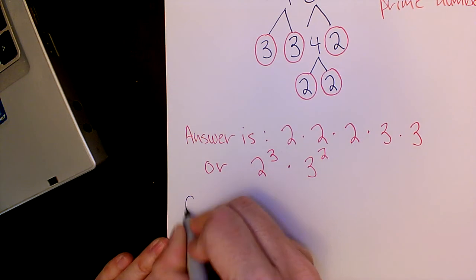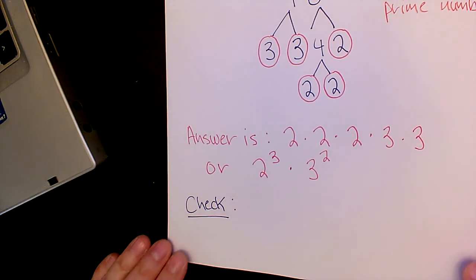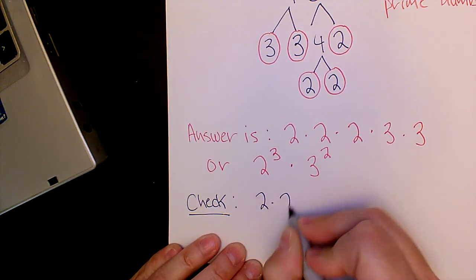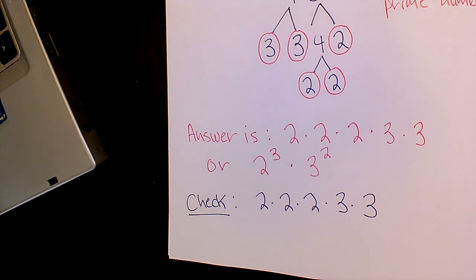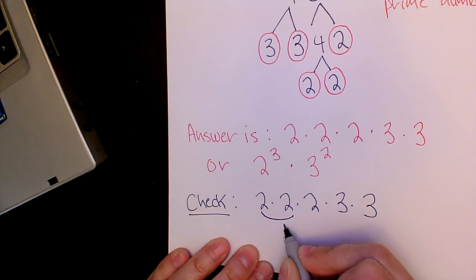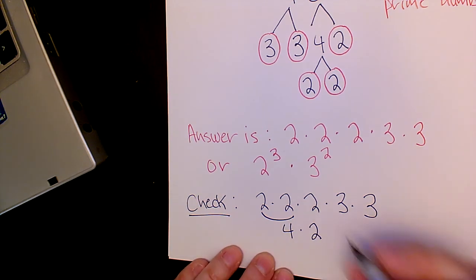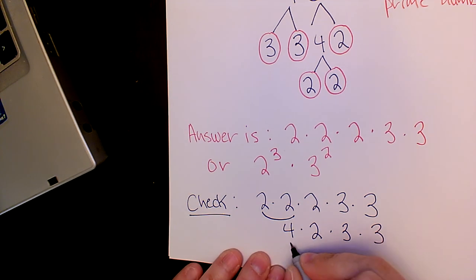And we can do a check. If we get back to 72, we know we're good. So let's multiply. I'm going to take my first answer and multiply it out. Well, 2 times 2 is 4. 4 times 2 is 8.